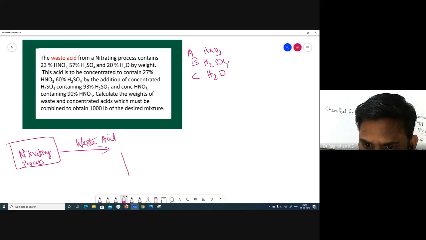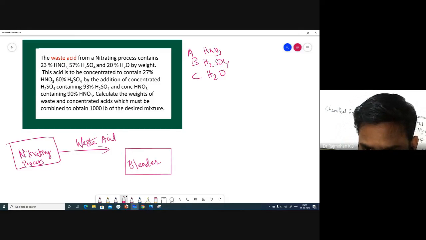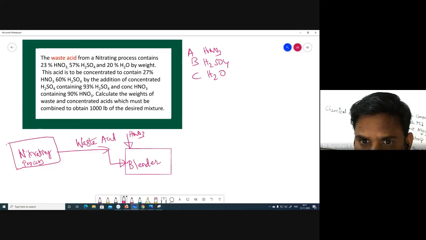Okay, so we have a mixer, you can say blender. Blending means mixing of various things. So we have waste acid coming into the system. Then we have HNO3 with a particular composition, that is 90% HNO3, remaining is water, you can assume that. And then we have concentrated sulfuric acid, which has 93% sulfuric acid.